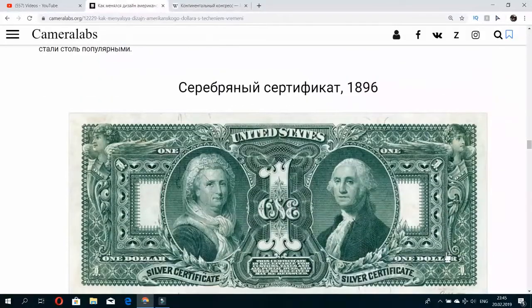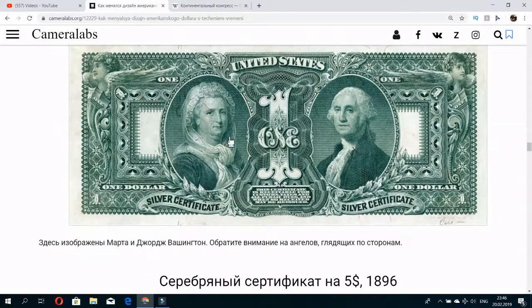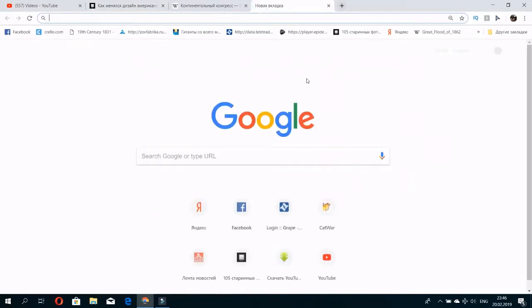Okay, so this is the silver certificate of 1896 with George and Martha Washington on the same banknote. Also we have this, I think this looks like the Gamma bird. Let me show you.